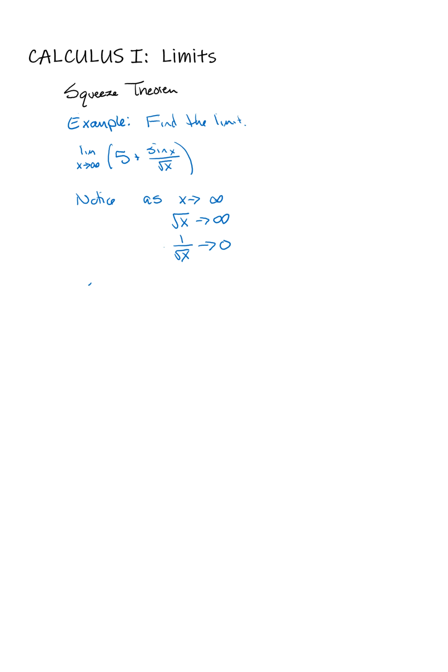Looking at the sine of x, we know that the sine function is bounded between -1 and 1. So we can write that -1 is less than or equal to the sine of x, which is less than or equal to 1.